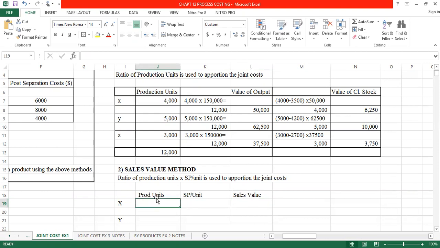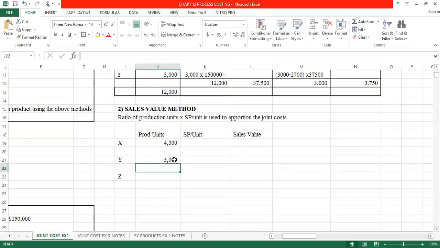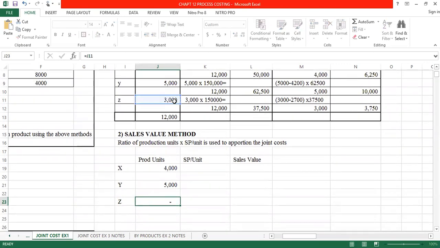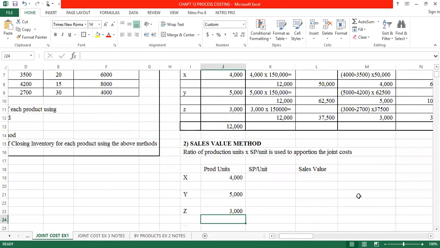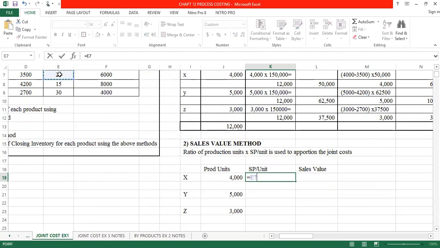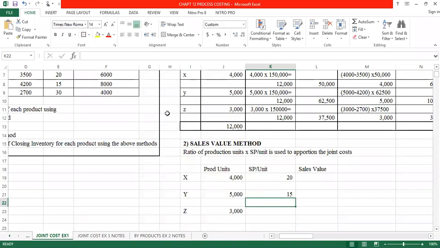So production units still remain 4,000, 5,000, and 3,000. Then you multiply by selling price. The selling prices are 20, 15, and 30.